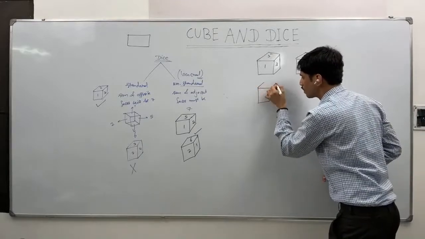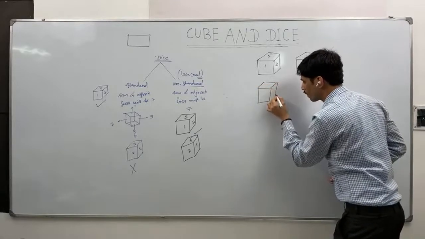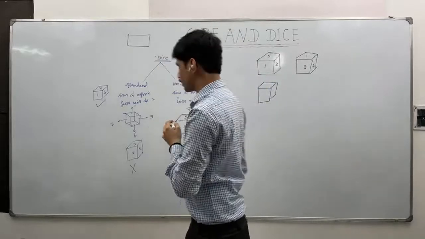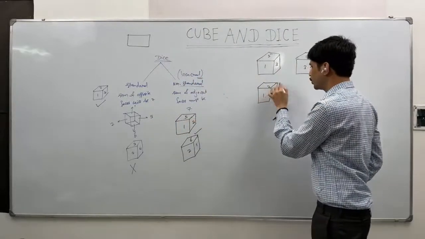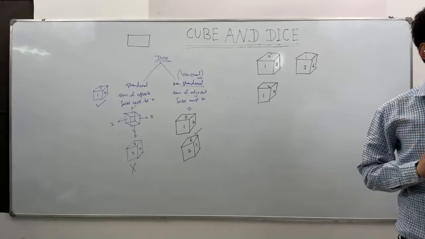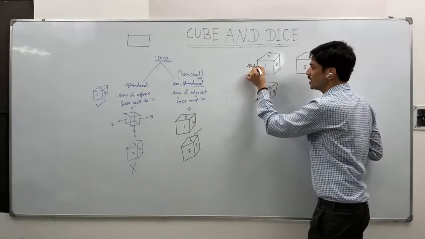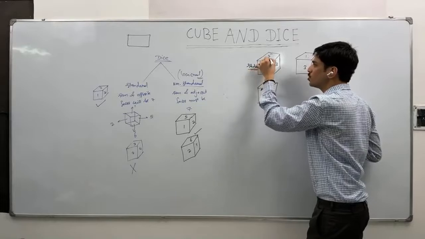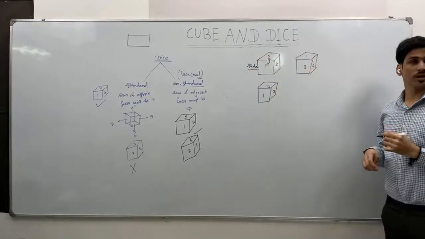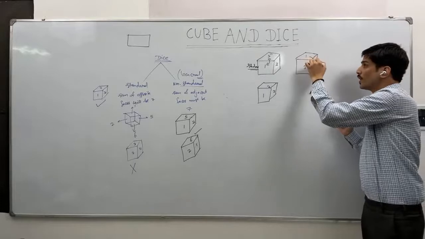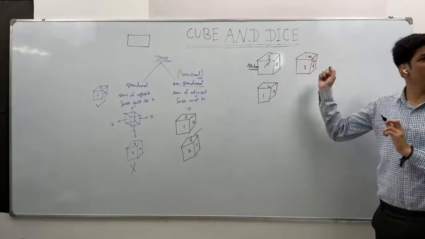Third one I have. Okay, let's take 1, 3, 2. Yeah, first one. Is it a standard dice or non-standard dice? First one is standard, right? Why is it standard? Because the sum of the adjacent faces is not 7, right? This one is non-standard because 1 plus 6 equals 7. So it is a non-standard dice.